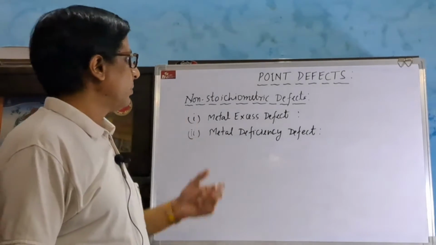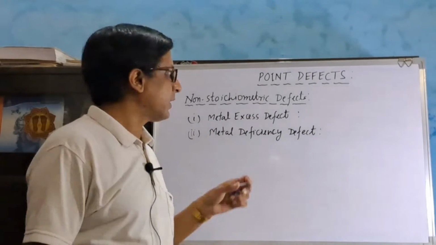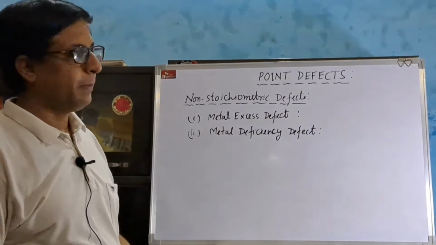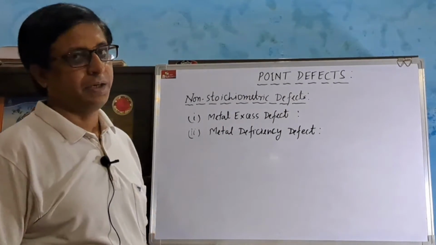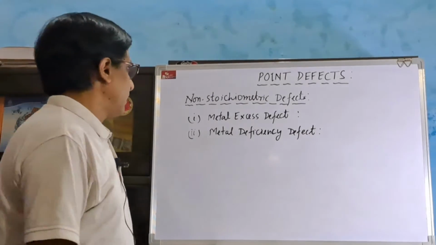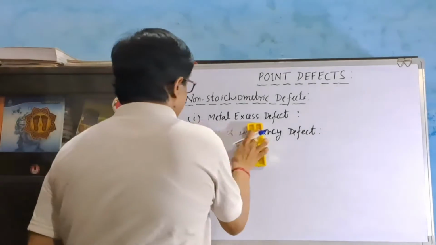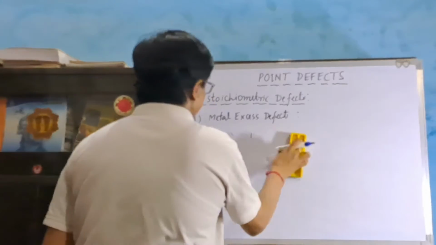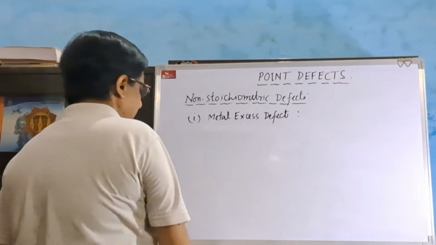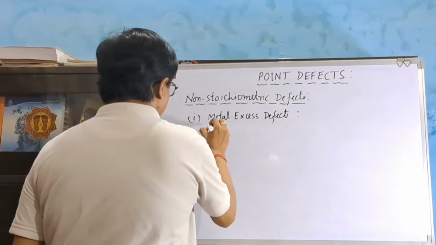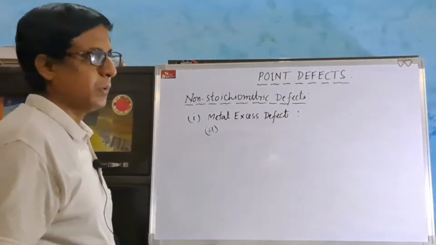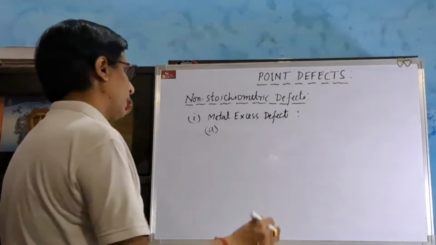The non-stoichiometric defect can be further classified into two types: metal excess defect and metal deficiency defect. First, we shall discuss metal excess defect. Metal excess can be due to the presence of anionic vacancies.